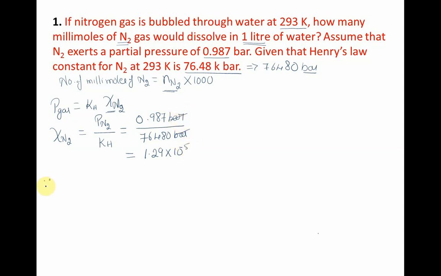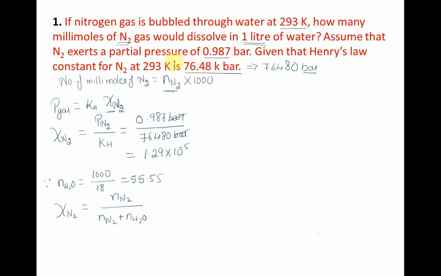Since we know that number of moles of water is always equal to mass, that is 1 liter, by its molecular mass 18, that is 55.55. We also know that mole fraction of nitrogen is always equal to number of moles of nitrogen by number of moles of nitrogen plus number of moles of water.